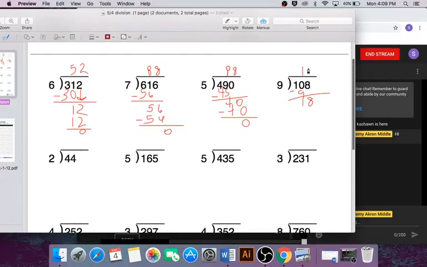So we're going to put a 2 beside our 1. 2 times 9 is 18. We subtract. That gives us a remainder of 0. So our answer to 108 divided by 9 is 12.